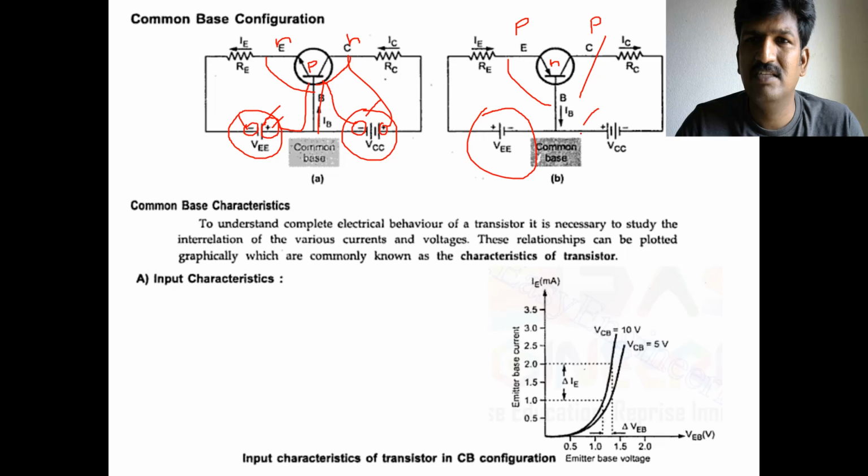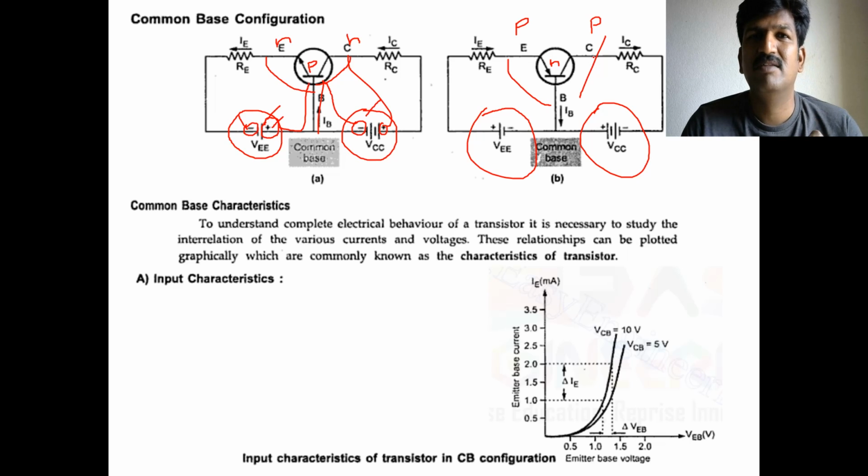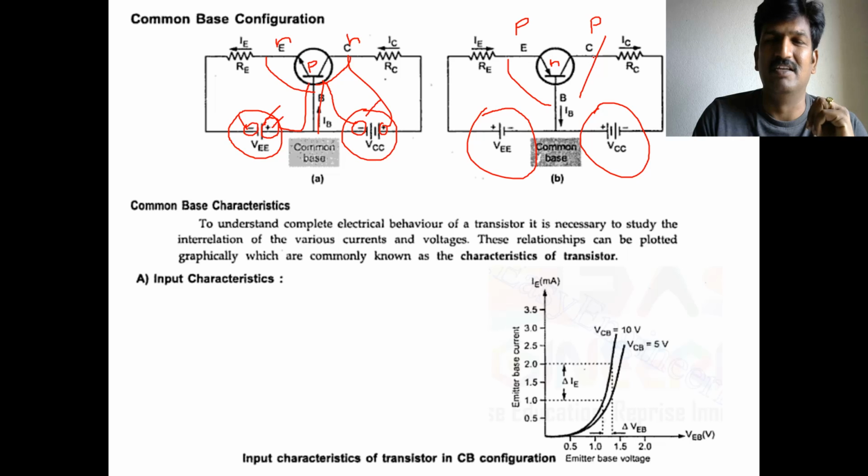And on the other side, what happens? V_CC: here plus is connected to the N and minus is connected to the P-type material, meaning the junction forming between the base and collector is reverse biased. You should always remember that. If you want to make a junction forward biased, apply the plus terminal voltage of the power supply to the P-type material and the minus terminal voltage to the N-type material.